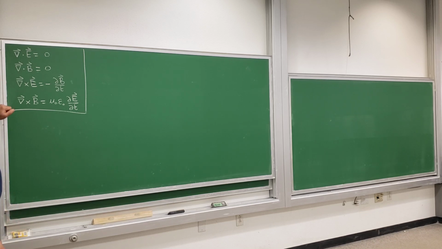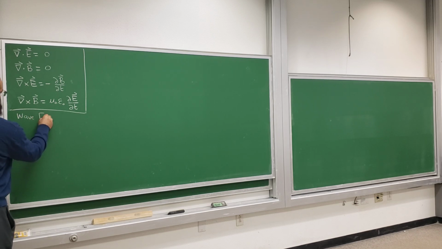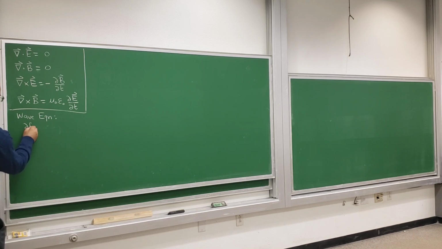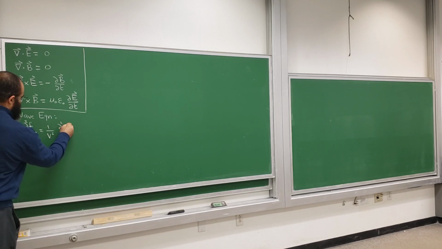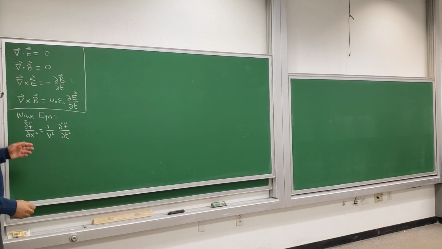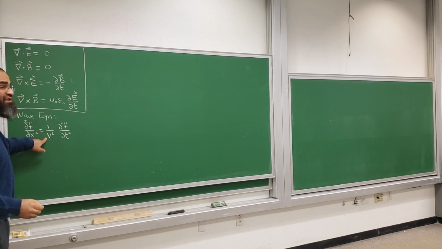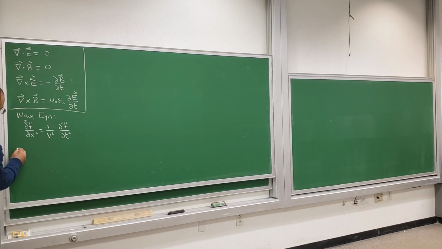Then we also mentioned, just to remind us, that the wave equation has this form. If you find a function where the second derivative with respect to x is equal to 1 over v squared times the second derivative of f with respect to time, then you know you have a wave equation, and this is the speed of that wave. And we also use the following form.